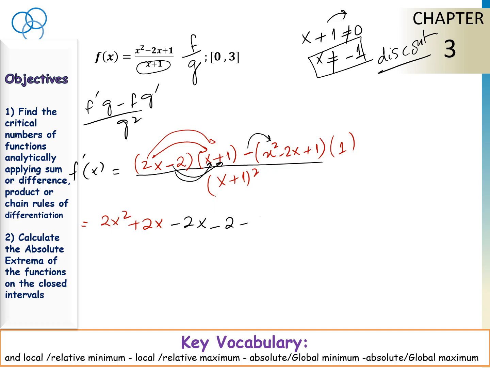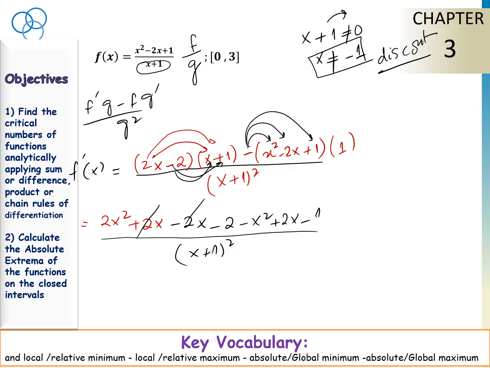Minus times x square is minus x square, minus times minus 2x is plus 2x, and minus plus is minus 1, over x plus 1 whole square. Now solve it. Plus 2x minus 2x cancel. 2x square minus x square gives us x square. Then we have plus 2x. Then minus 2 minus 1 gives us minus 3 over x plus 1 whole square.